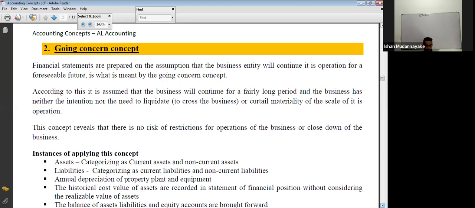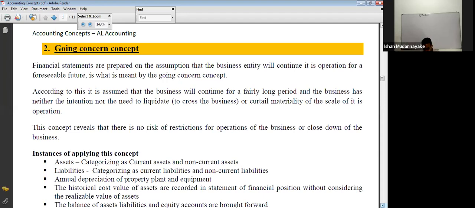After the financial year, let's say the financial year ending date is 31st March 2025. Exceeding 31st March 2026, the business will be continued for more than 12 months.